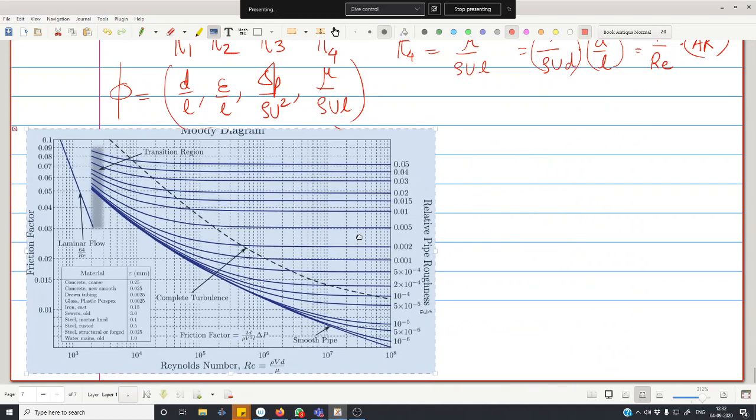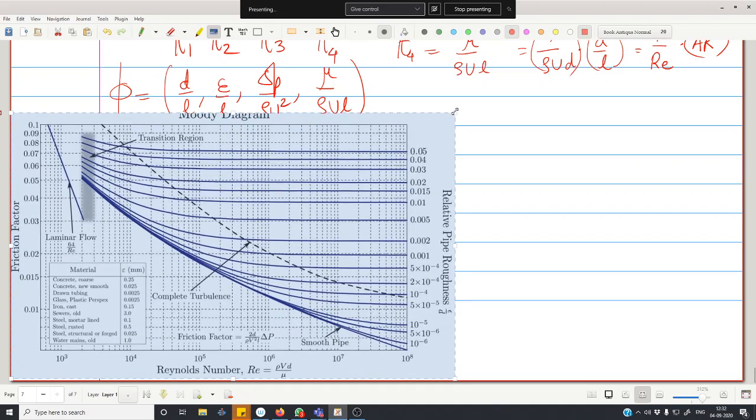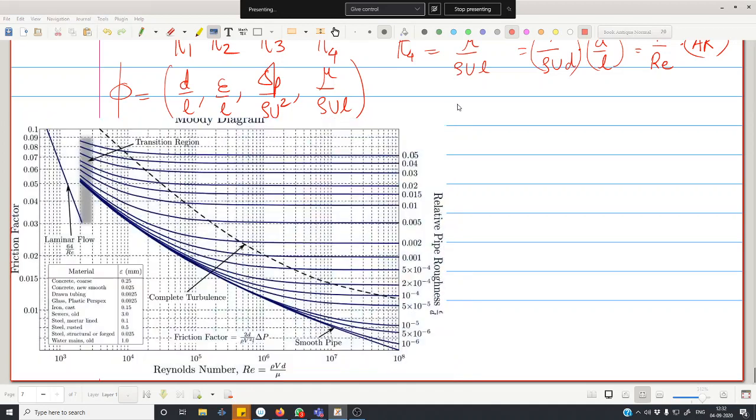So this particular diagram is called the Moody diagram. If you look at the various terms in the diagram, on the y-axis you have something called the friction factor.